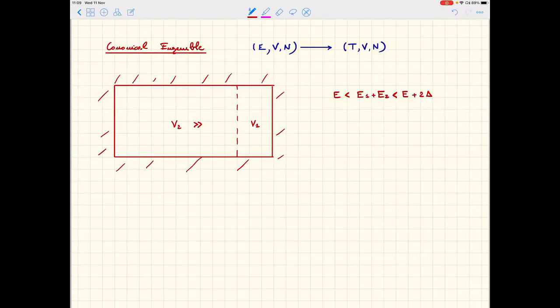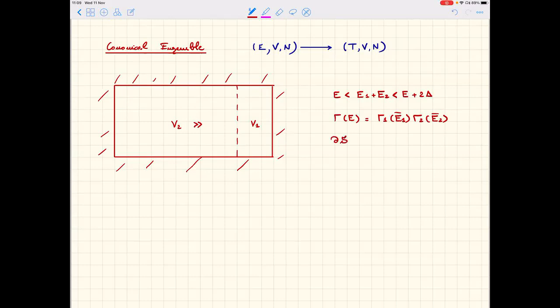We know very well that the phase space volume gamma phi is going to be the product of the phase space volume at E bar 1 and the phase space volume at E bar 2, as we have already found when I was discussing the Boltzmann formula for the entropy.